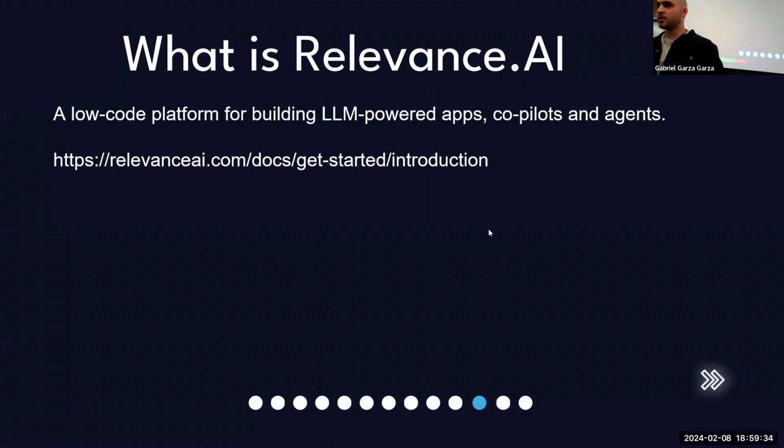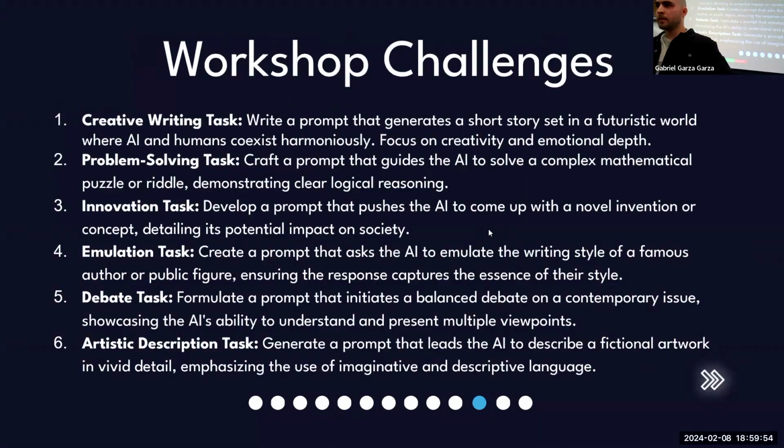What is RelevanceAI? Low-code platform, so it doesn't require much coding for building large language model powered applications, co-pilots, and agents. An agent is a small, quote unquote, small large language model that does a specific task for you. It can also be a program, I believe.